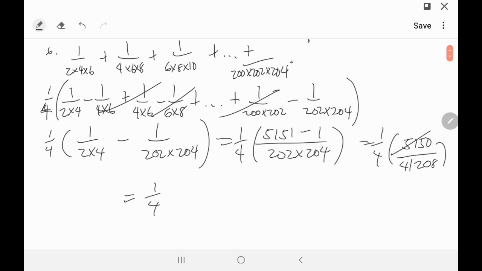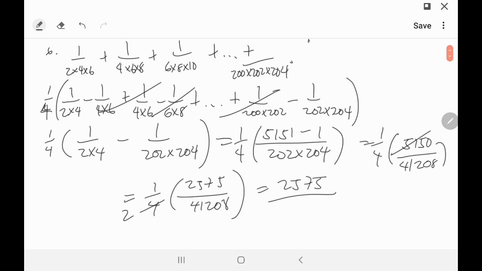So 5150 divided by 2 is 2575. And 4 divided by 2 is 2. So that one now is equal to this. And then the final answer will be 41,208 times 2, 82,416. Okay, so that's our final answer.